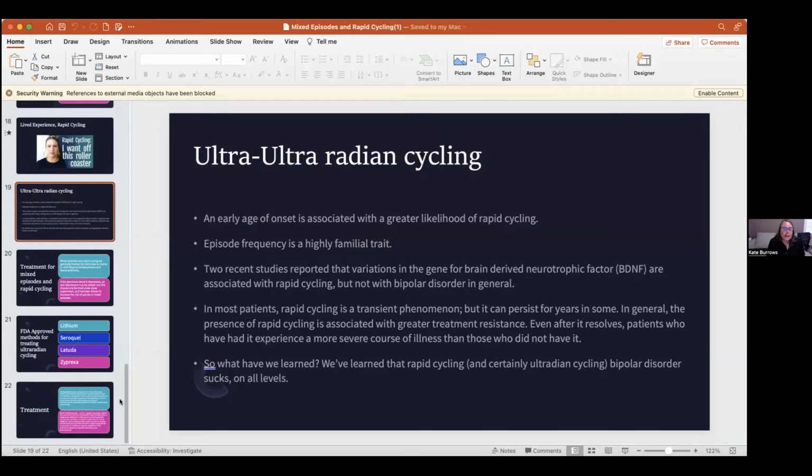So there's this brain-derived neurotrophic factor, BDNF. You're going to start hearing a lot more about this. It's the newest cutting-edge research in bipolar disorder. And they found that BDNF is associated with rapid cycling, but not with bipolar disorder in general. For example, many of you I know have taken the GeneSight genetic test for psychotropic medications, or there's other genetic testing out there for psychotropic medications.